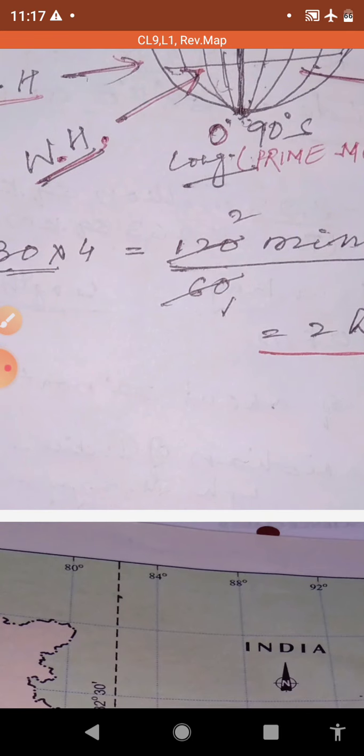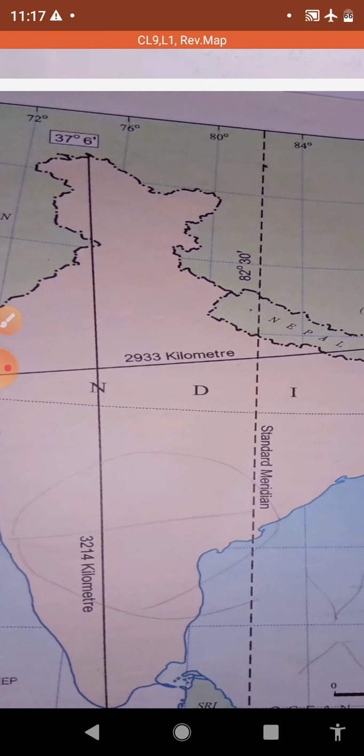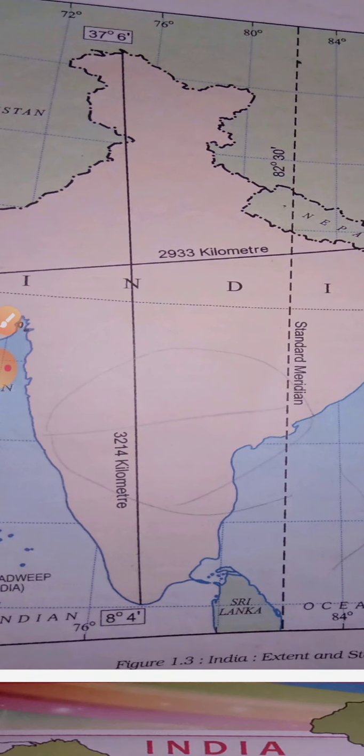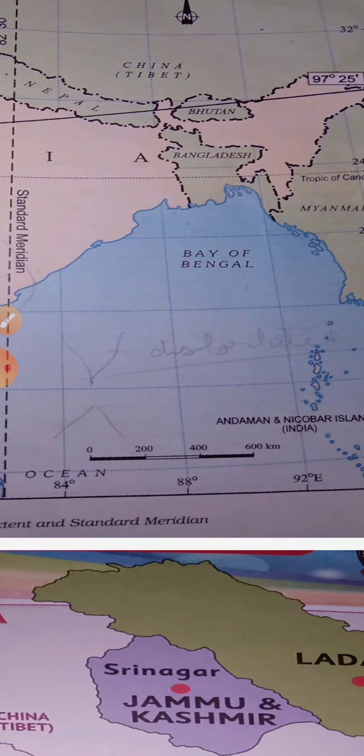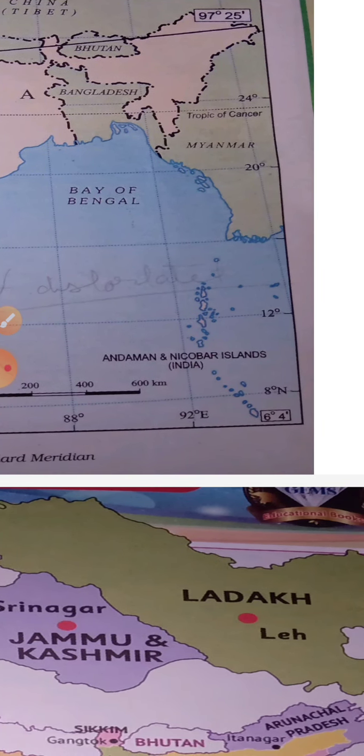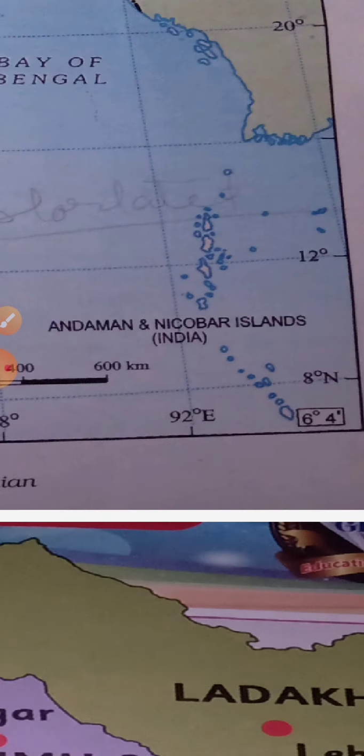This is the reason due to which the north-south extent of our country is much larger than the east-west extent of our country.